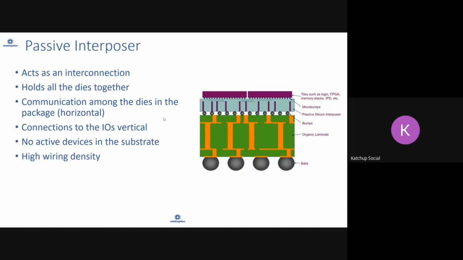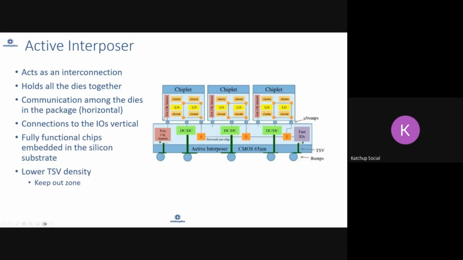This is the passive interposer. The active interposer also acts as an interconnection, of course, holds all the dies together, enables communication among the dies in a package horizontally, and also connects vertically through IOs. But in an active interposer, there can be fully functional chips also, for example IOs, DCs, fast IOs.